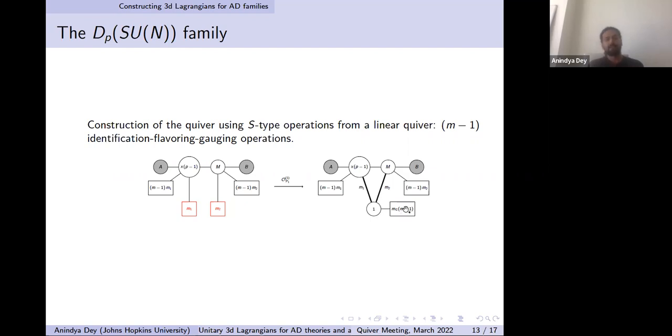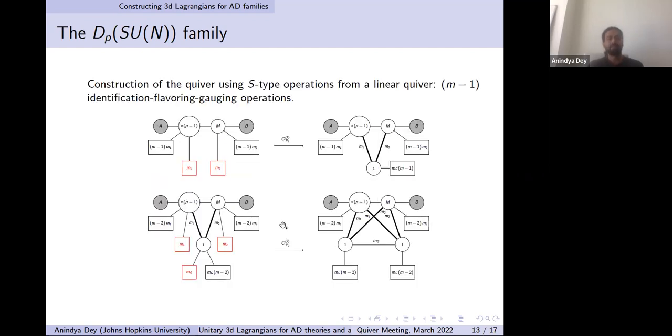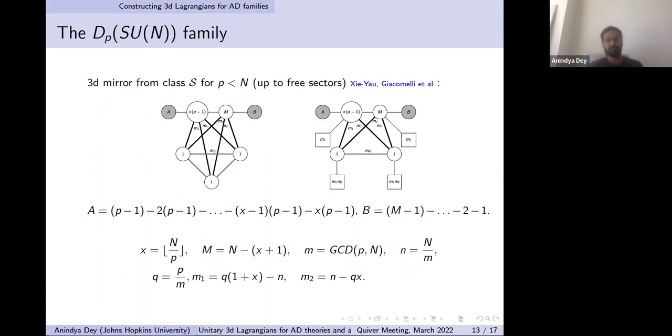Okay, that's the first step. And then the next step, I again isolate a certain number of flavors, identify flavor and gauge to give the second one. And I can just continue doing this indefinitely to generate a generic quiver gauge theory of this form. Okay.